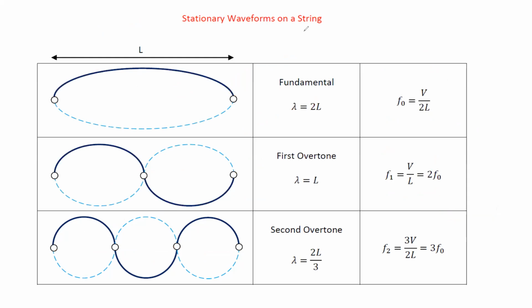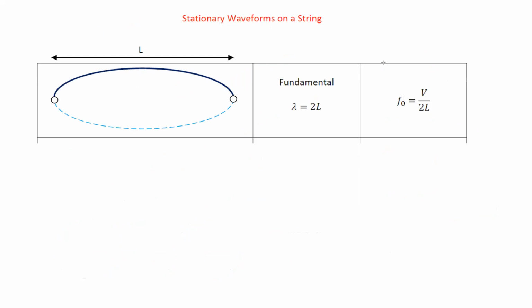So when we generalize this formula, when we write a general formula relating the frequency, we can say Fn equals N F1, where N is the number of loops.